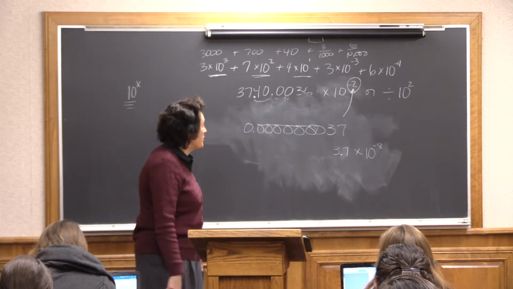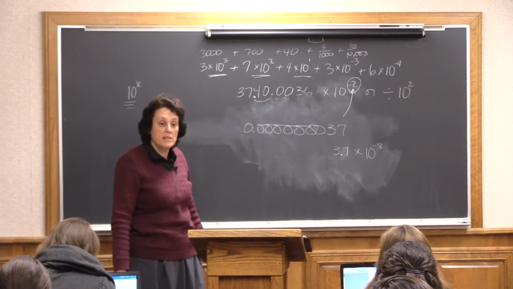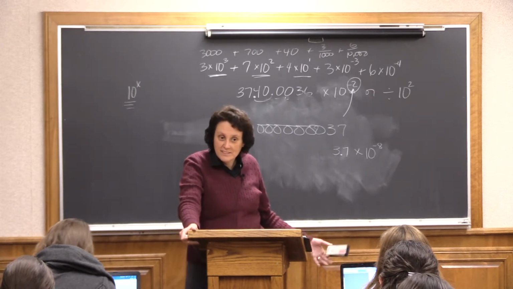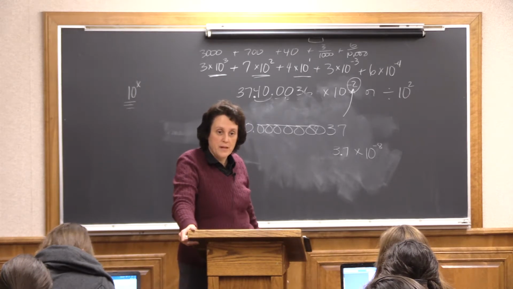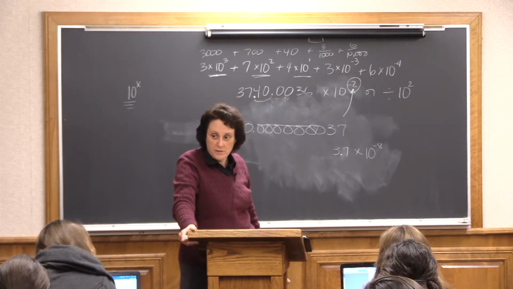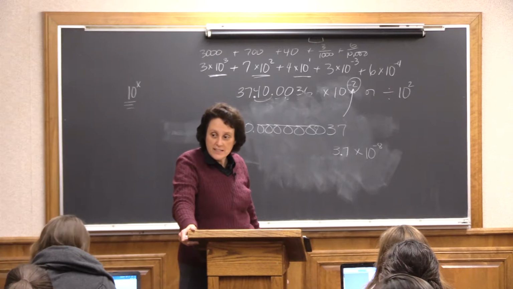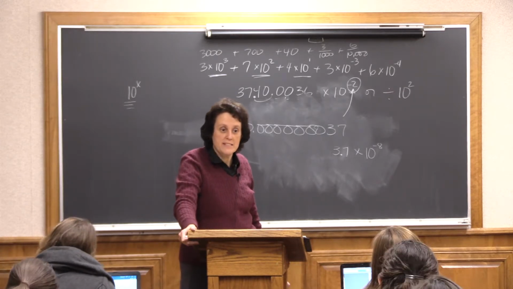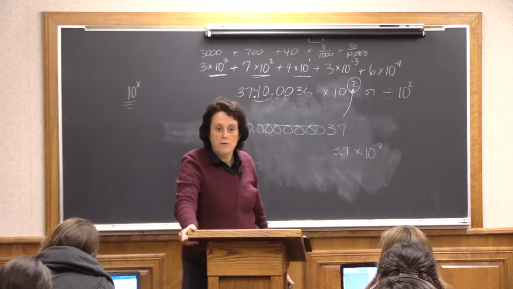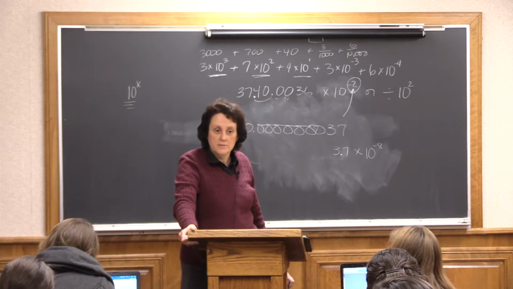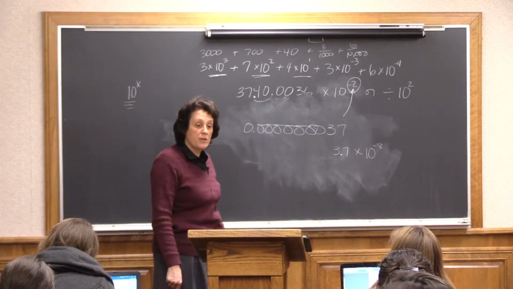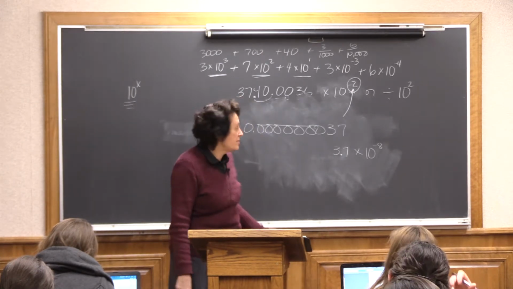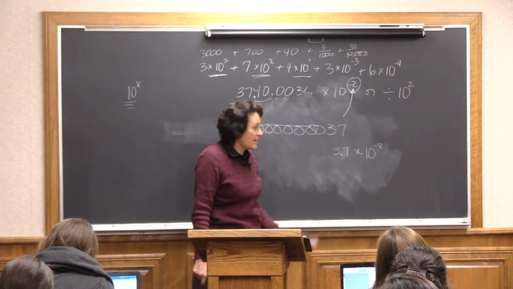Okay, so that number in scientific notation is 3.7 times 10 to the negative 8. Small number, negative exponent. Does that make sense? But you see the idea of left and right. It's not a mystery. It's not flip a coin, which way do I move the decimal. So to write very small numbers, we use scientific notation so we can actually change the place value.